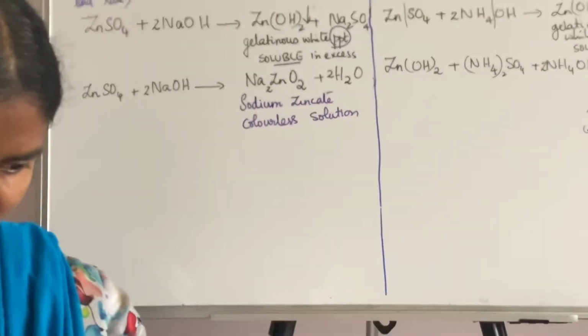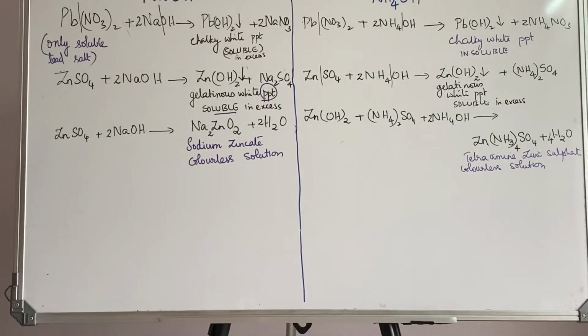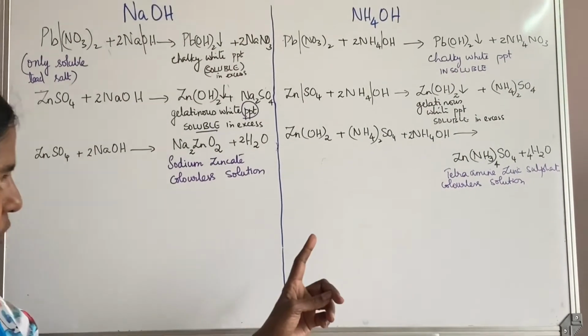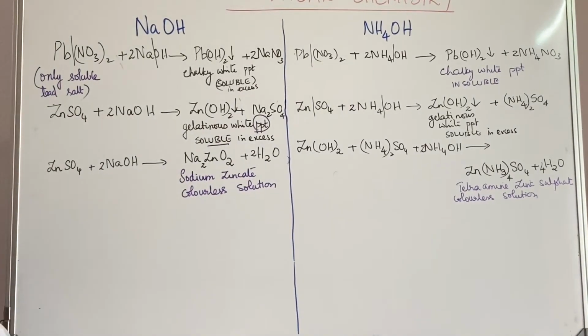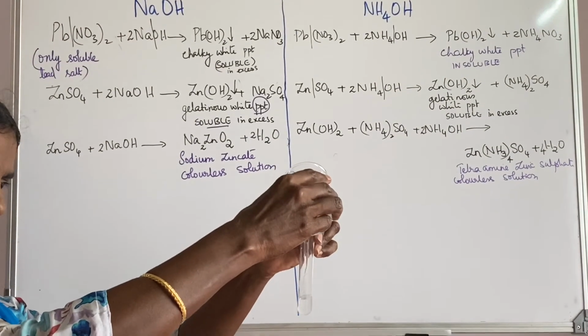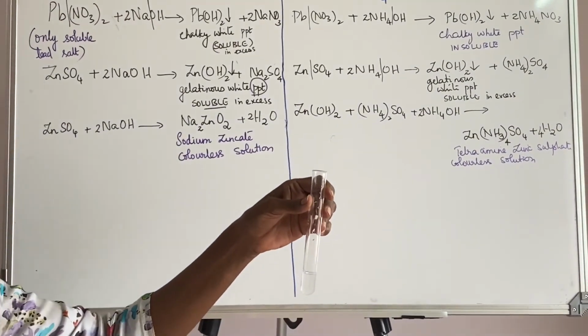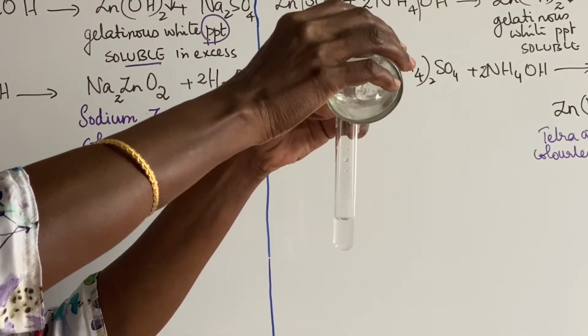Okay, this is about zinc. Next we move on to copper sulphate. Oh, I didn't show you ammonium hydroxide. So we should see zinc with ammonium hydroxide. Let us take zinc sulphate solution and add ammonium hydroxide to it.